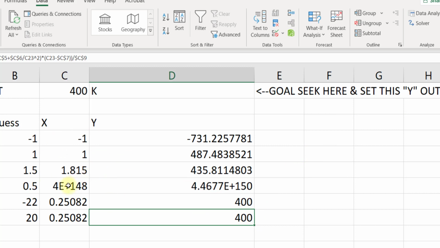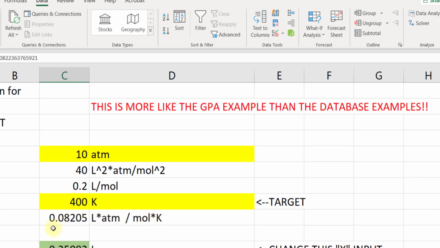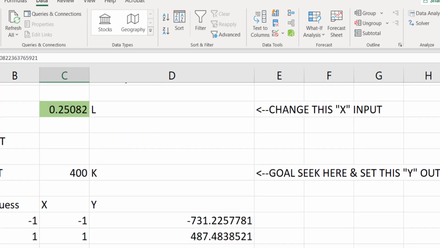So that's a lesson to you that sometimes if you get too close to the correct answer, Goal Seek has a problem finding it. Just give it a little bit of space and then it finds it. So we know that the correct input, the amount of volume needed to attain pressures of all of these, is going to be 1/4 of a liter.